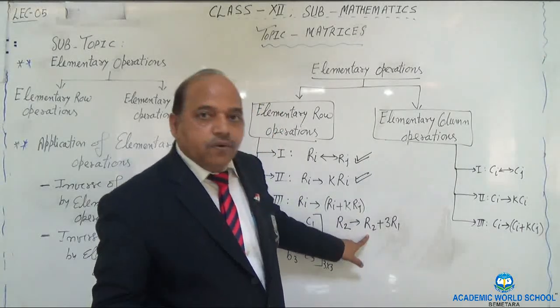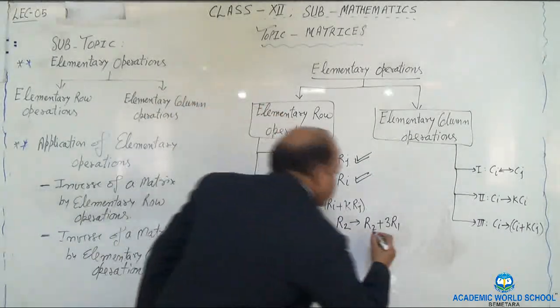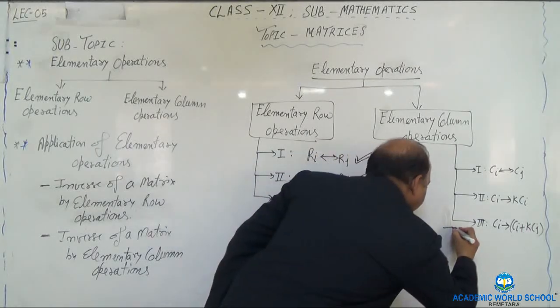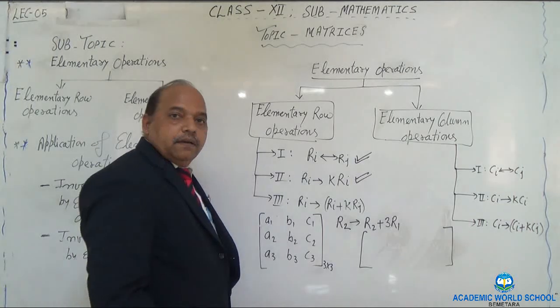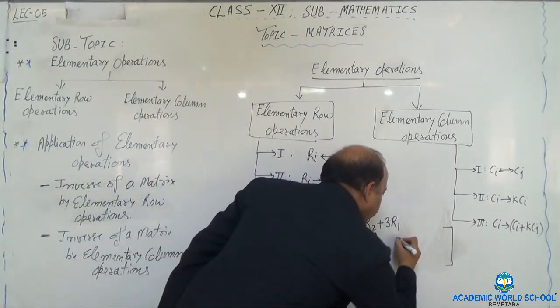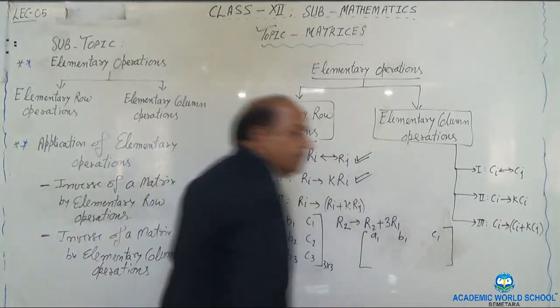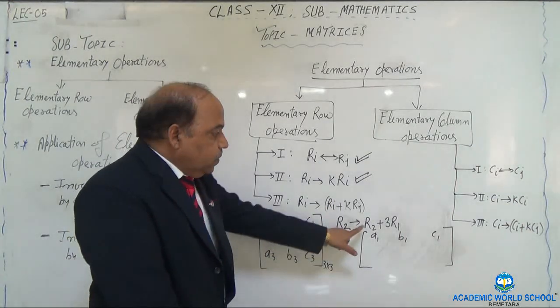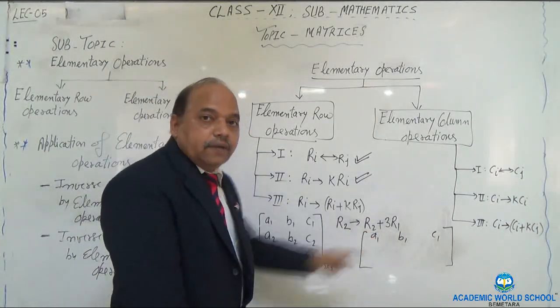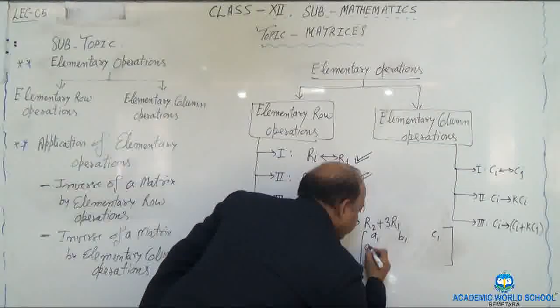So if you apply this, what will happen? Your new matrix will be, there is no change in R1, so you can write simply R1 as it is: A1, B1, C1. There is a change in R2. You are writing R2 plus 3R1. So what will the elements be?